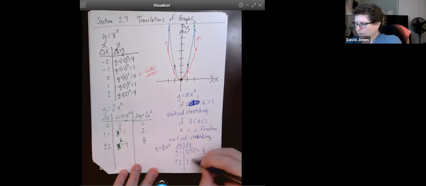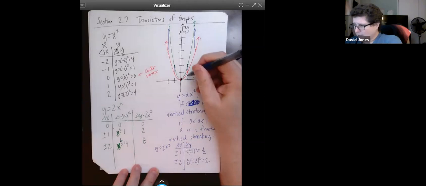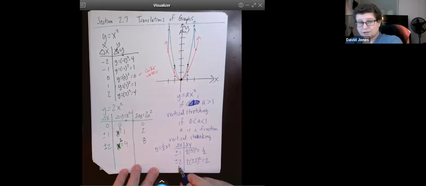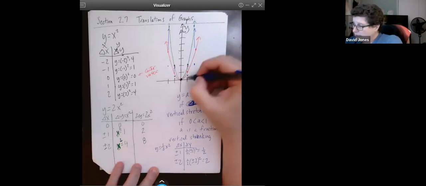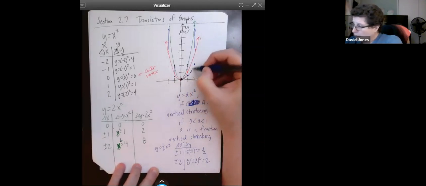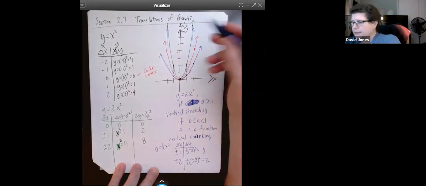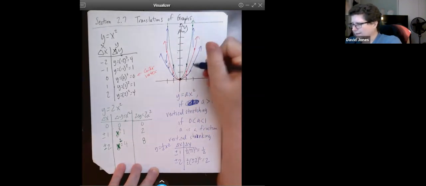This is 1/2 times plus or minus 2 squared, which is 4 times 1/2 is 2. So whenever we go left or right 1, we only go up 1/2. And whenever we go left or right 2, from the change in x, we only go up 2. And so they call that vertical shrinking because all the y values are going down.